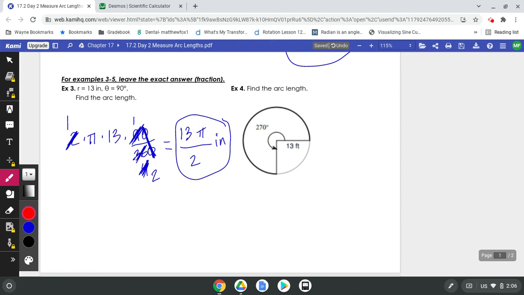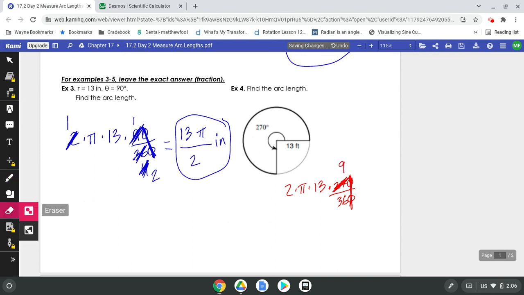All right, on the second one, same approach. 2 times pi times 13 is the radius times 270 over 360. Once again, these are both divisible by 10, so we can cancel out those zeros. 27 is divisible by 9.